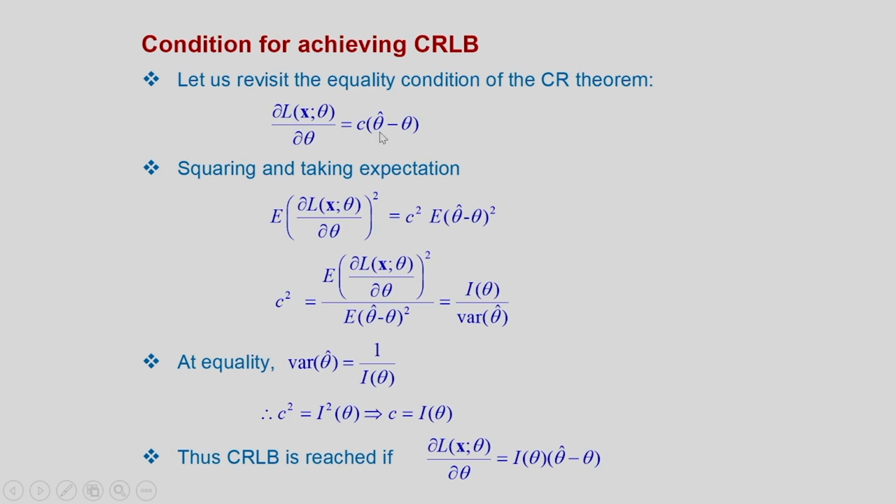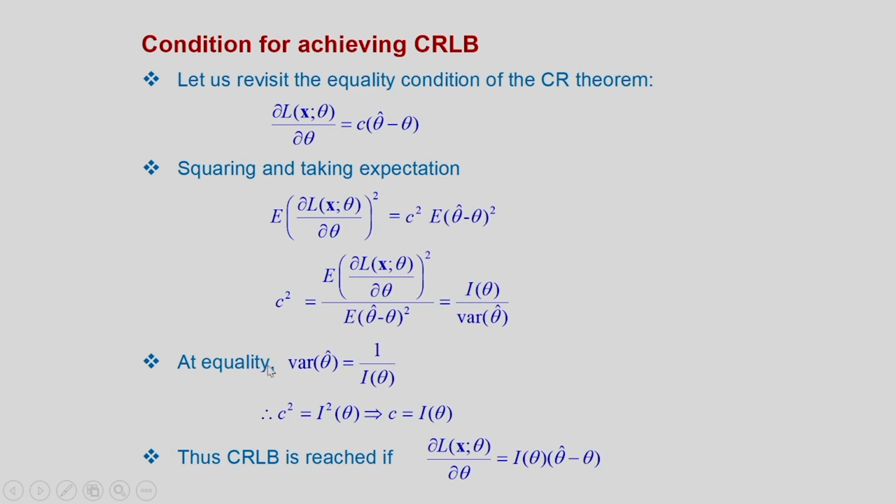From this we get C square equal to E of (del L / del theta) whole square, that is I(theta), divided by E of (theta hat minus theta) square, that is equal to the variance of theta hat. This is the expression for C square which we derived in the last lecture.